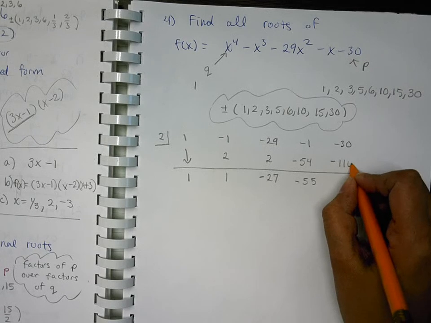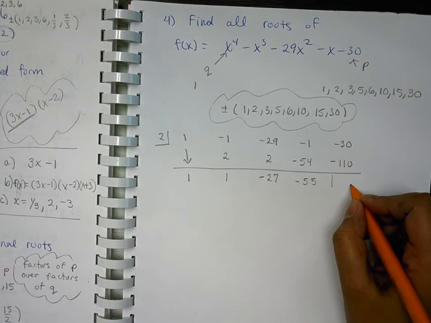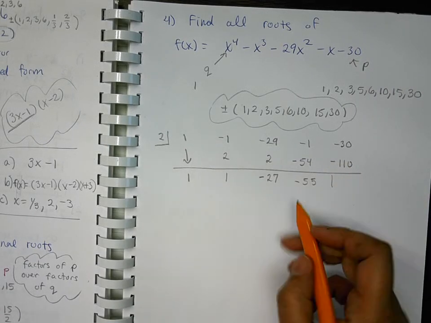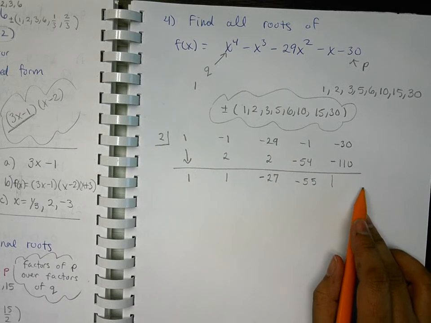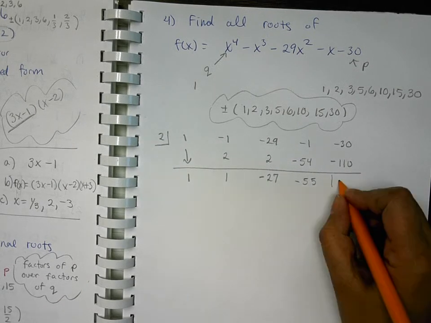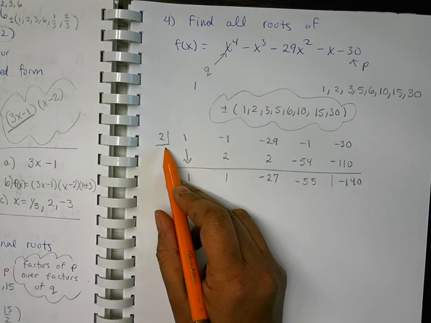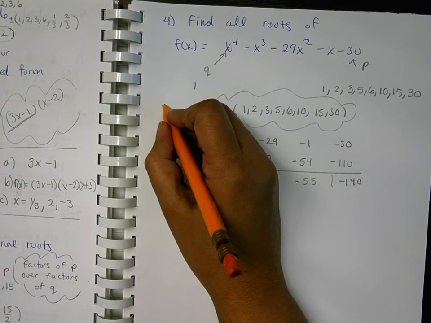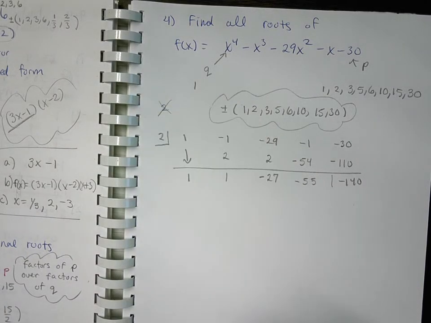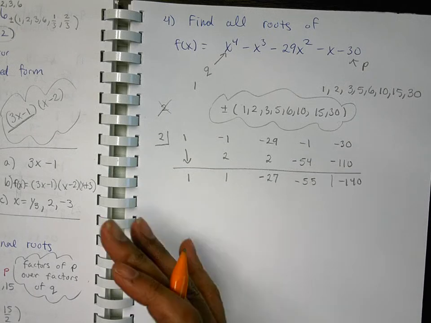Is that going to give me 0? I can stop here. I could have stopped over here if you could tell it's not going to work. What is that, negative 140? The last number needs to be 0, so is 2 a possible solution? No, you should keep a list, maybe crossing them out somehow, or a list of didn't work. You don't want to keep trying a number if it's not going to work.